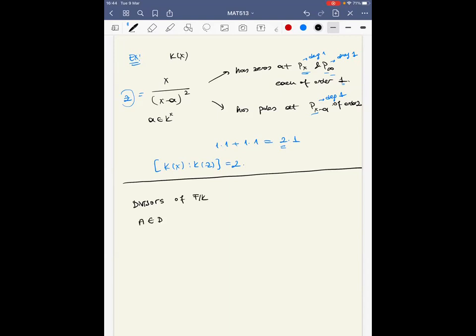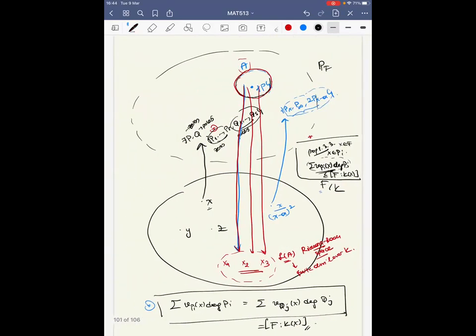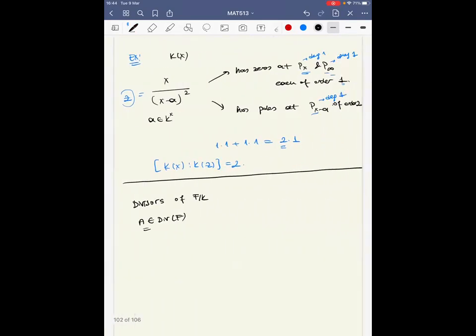And each element will, in some sense, represent a finite set of places. And this vector space structure will be important for us.